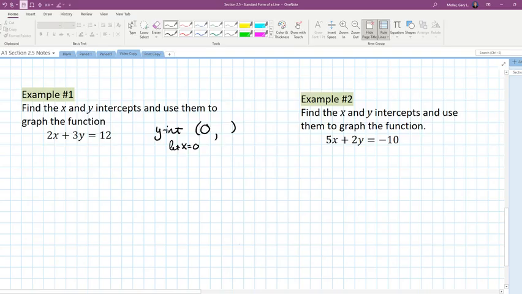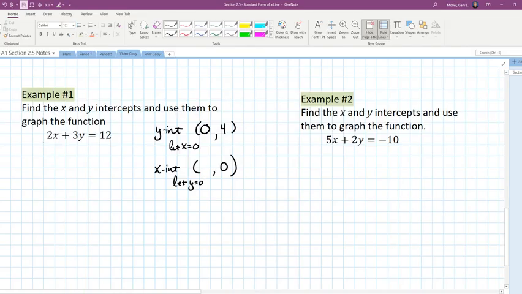If you just mathematically take a look at this, I'm plugging in 0, then this term becomes 0 and just disappears. And then I just have to divide by 3, and I get 4. That's it. Super simple.